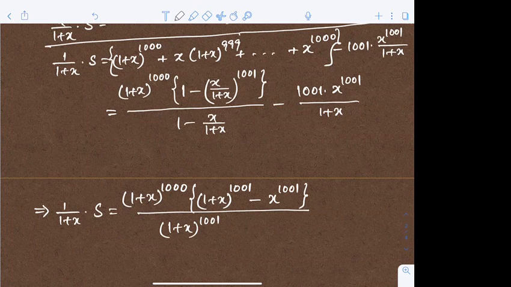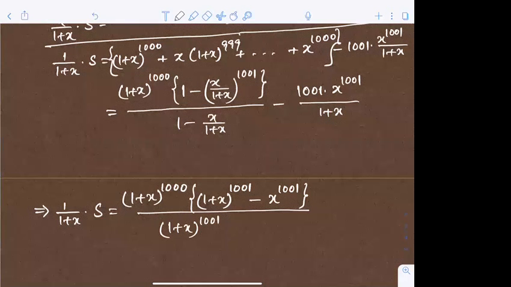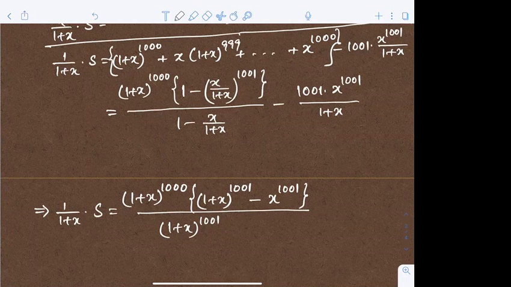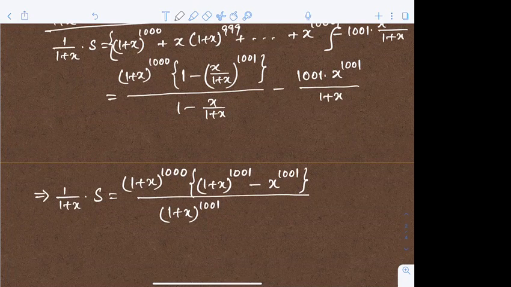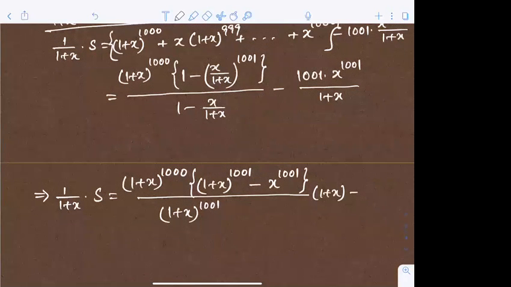ঠিক আছে তো নাকি? আর নিচে কত হবে? (1 plus x) minus x মানে 1 by (1 plus x), এখানে একটা (1 plus x) multiplied by minus 1001 into x to the power 1001 divided by (1 plus x).